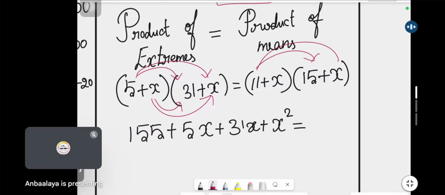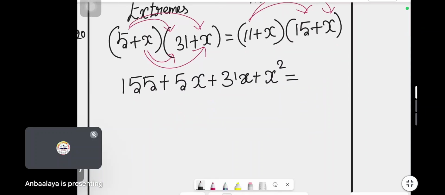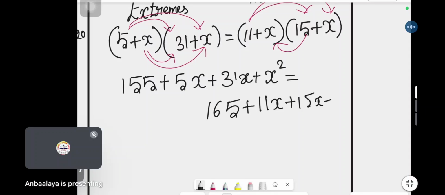Same way, can you multiply and tell 11 into 15? 165. Very good. Go on. 165 plus 11x plus 15x plus x square.